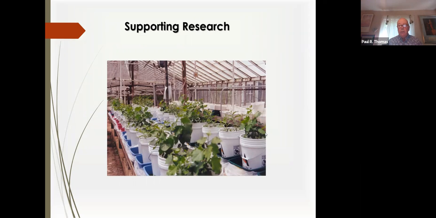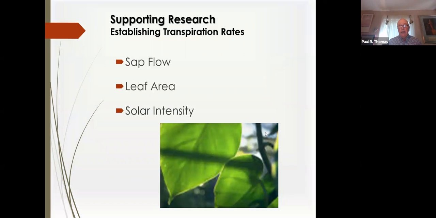We've done other types of research over the years. This was a greenhouse study done to assess salinity tolerance of a number of different poplar and willow trees. Another area that we conducted a good deal of research on back in the late 90s and early 2000s was on quantifying transpiration rates.